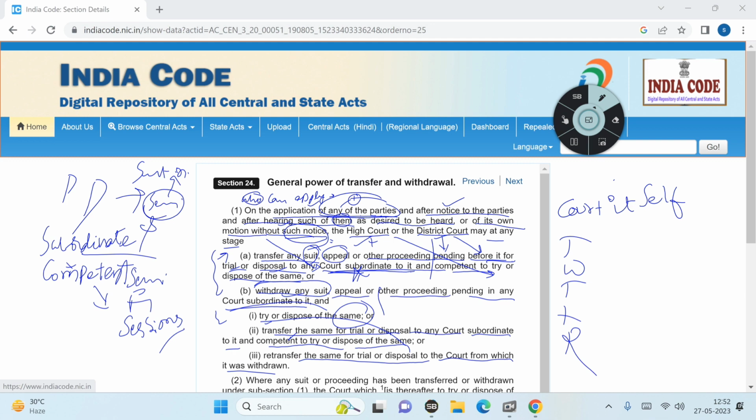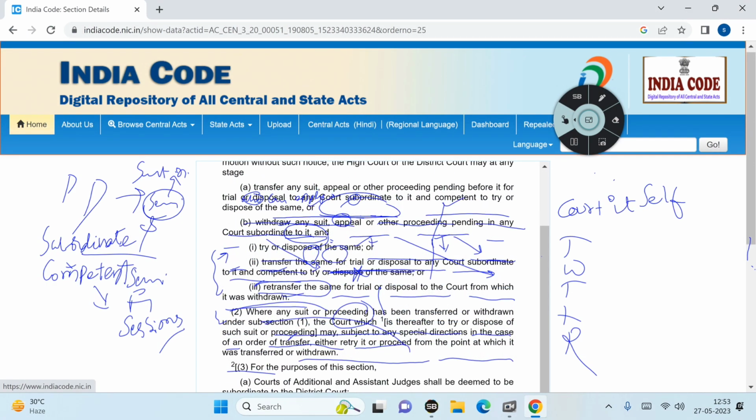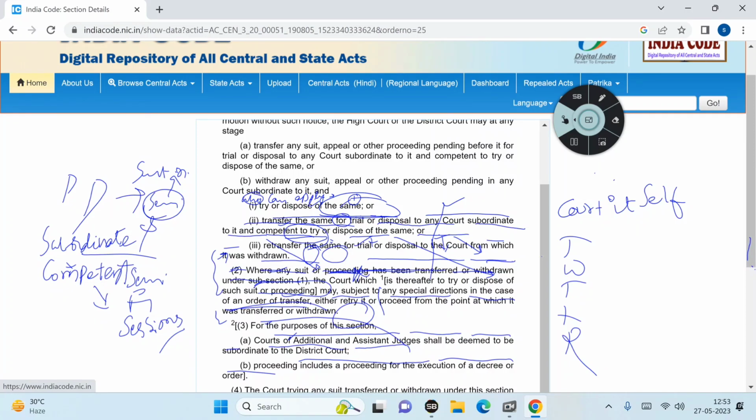So it can do anything. This is enough for our class purpose.